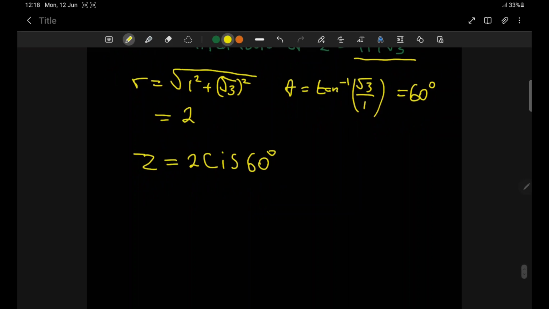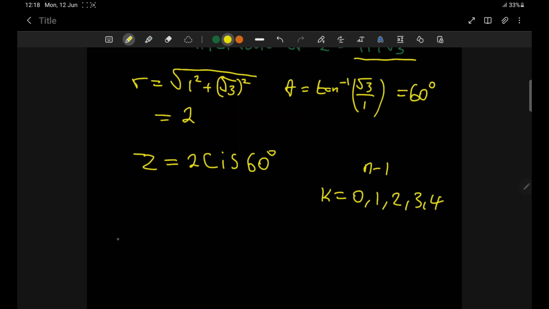So we're now going to look for the fifth roots of this expression. So we said our limit is n minus 1. So for this one, k will be equal to 0, 1, 2, 3, up to 4. 5 minus 1 is 4. So these are the fifth roots. There are 5 of them.